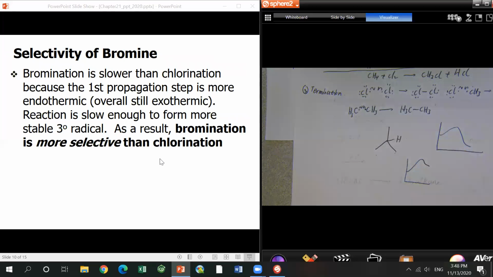If the reaction takes time, then you can generate the more stable tertiary radical, if you have different protons in one molecule.